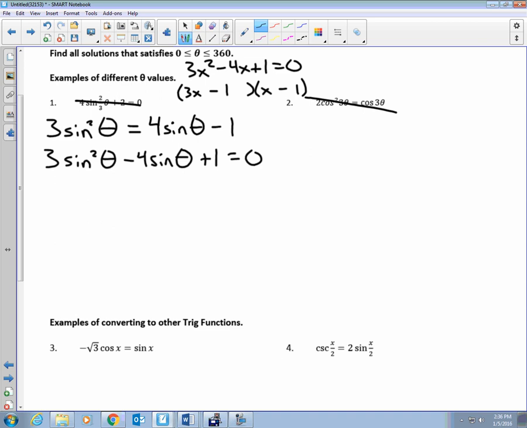So let's factor it. 3 sine of theta times what will go here? Sine of theta. Okay. Then what numbers go on the end? Minus 1, minus 1.